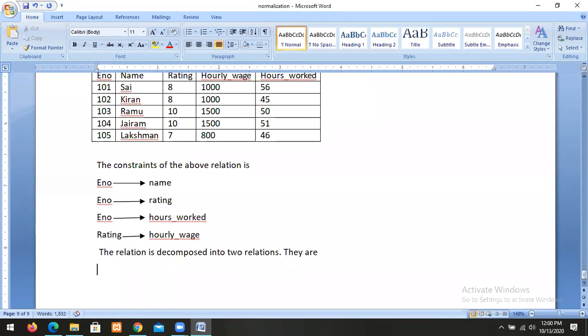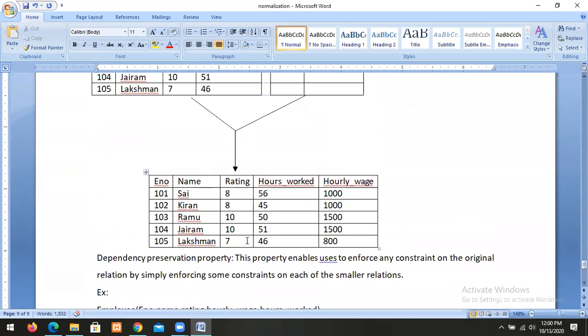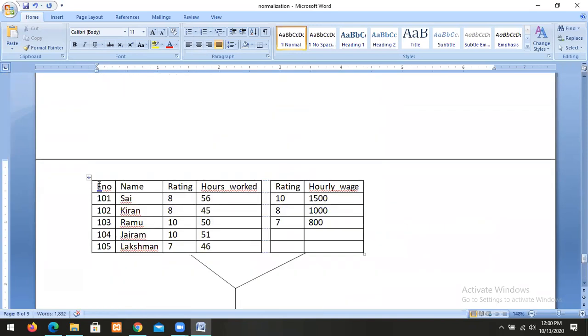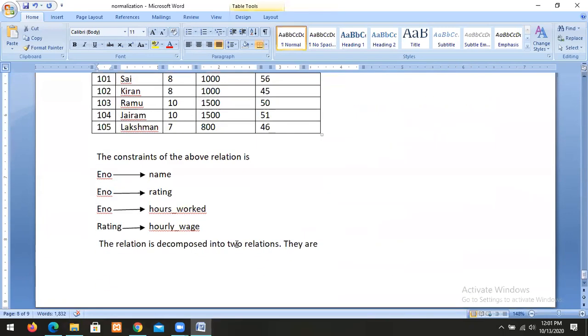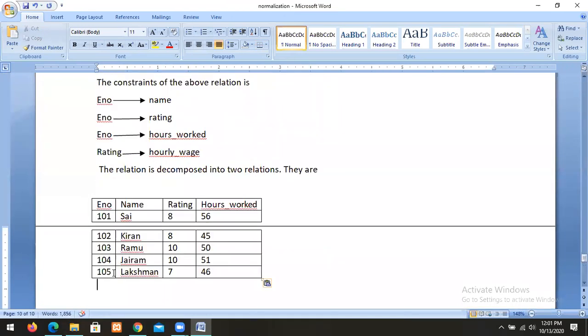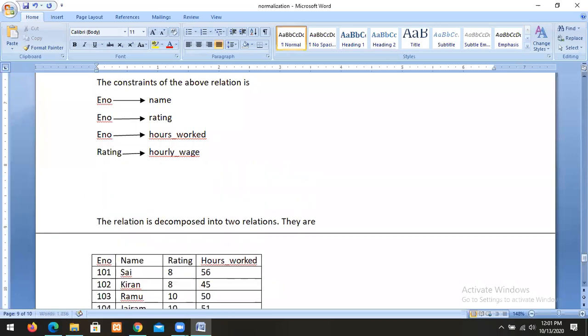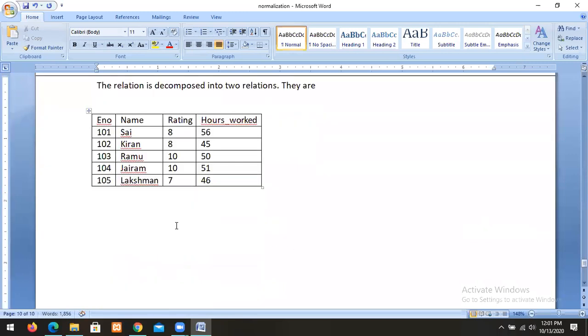I divided the above relation into two relations. This is the first relation.